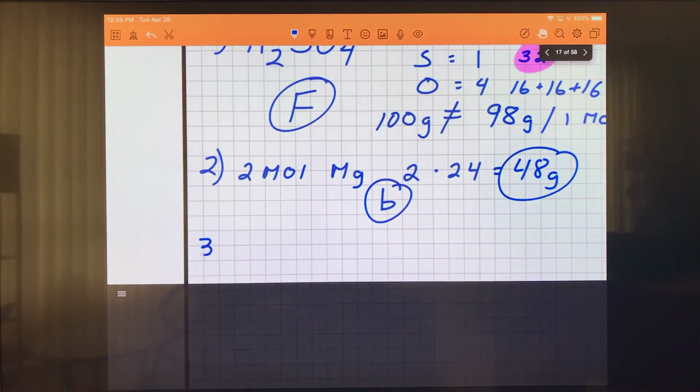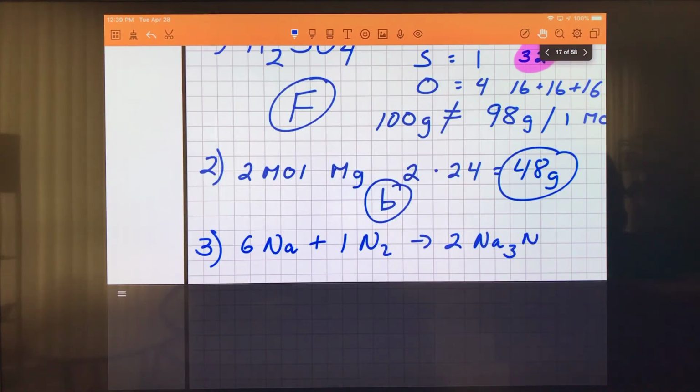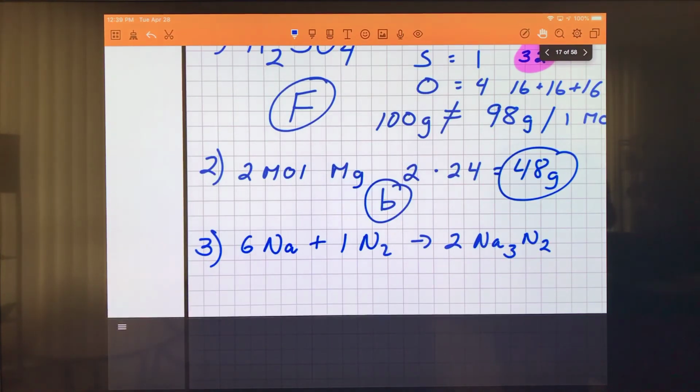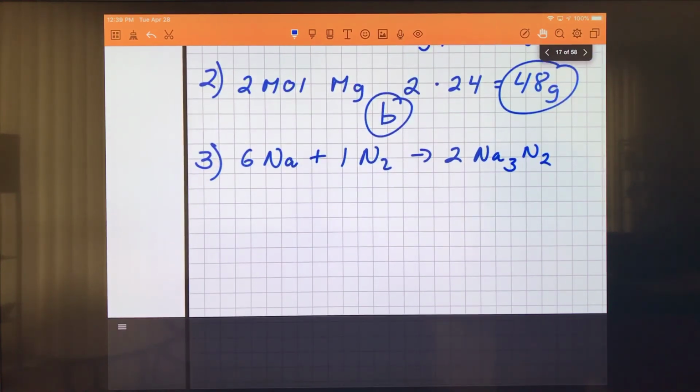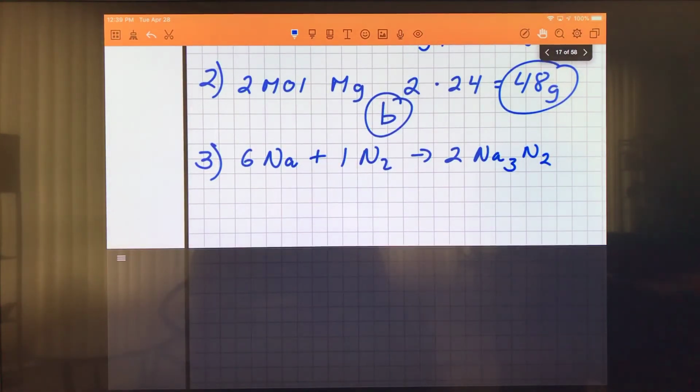Right, number 3. I gave you an equation. 6 moles of sodium plus 1 mole of nitrogen produced 2 moles of sodium nitride. In this one, what we're going to do is treat it like a recipe, because I need 6 moles of sodium over here to produce 2 moles of sodium nitride on the right.